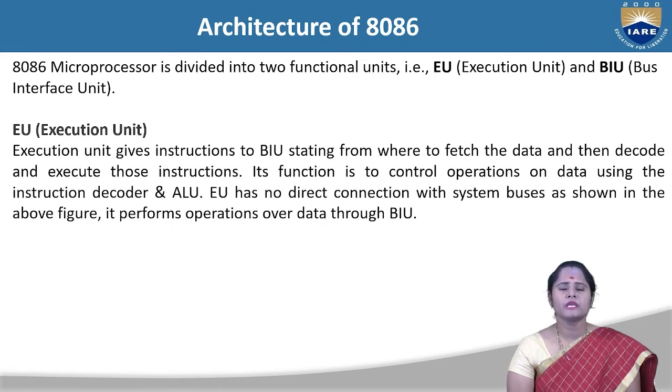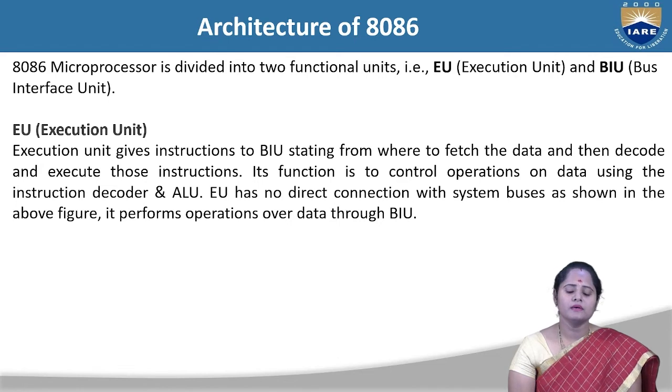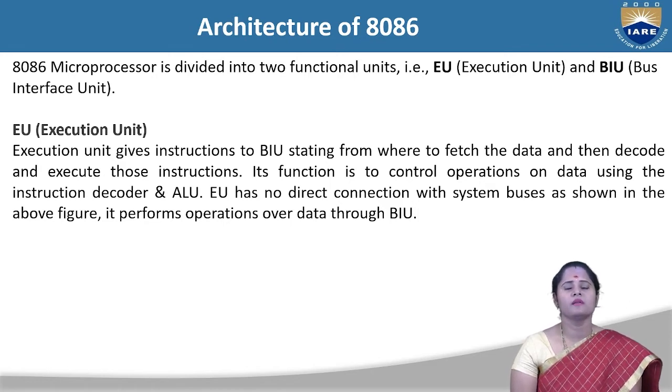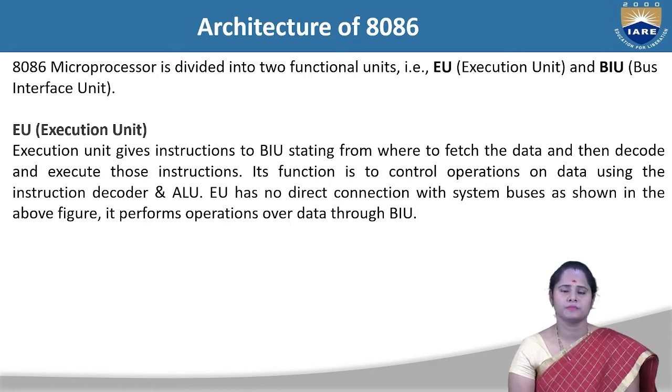The execution unit gives instructions to the bus interface unit stating where to fetch the data, and then decodes and executes those instructions. Its function is to control the operations on the data using an instruction decoder and ALU. The execution unit has no direct connection with the system bus; everything is done via the bus interface unit.